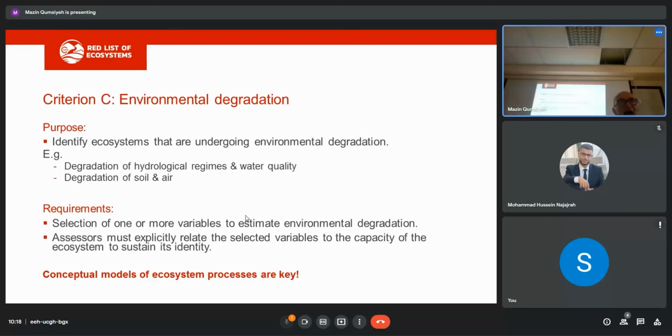Of course, but sometimes we are lacking data because of resources, and it's not only financial resources, but also experts are lacking. And it's not good to wait until we have sufficient experts to make an assessment.